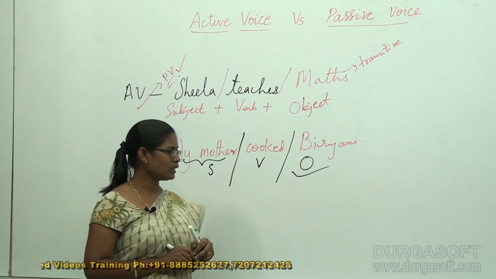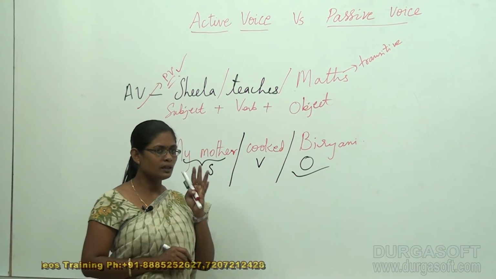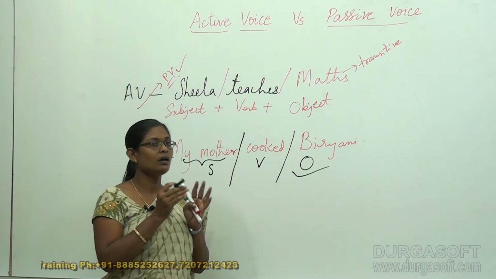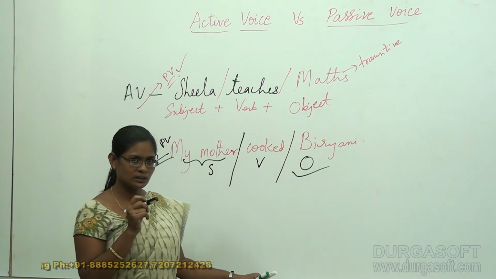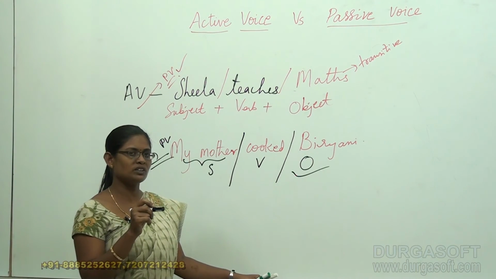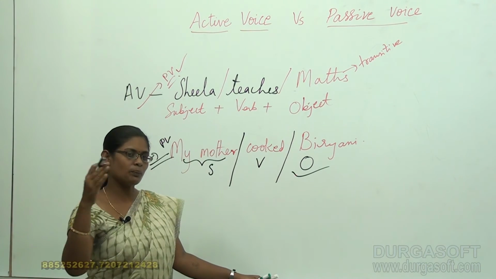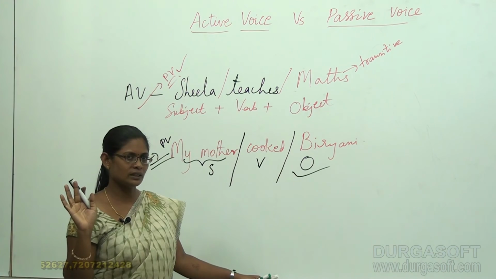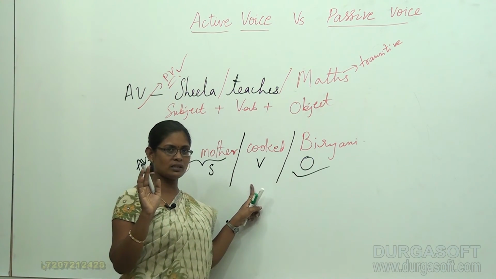But make sure that in between, the sentence should not be divided. There should not be any break in the sentence with a preposition or conjunction. If you find a preposition, then you have to think that the next part of the sentence belongs to the intransitive part of a sentence.